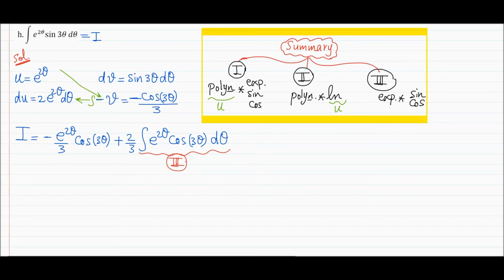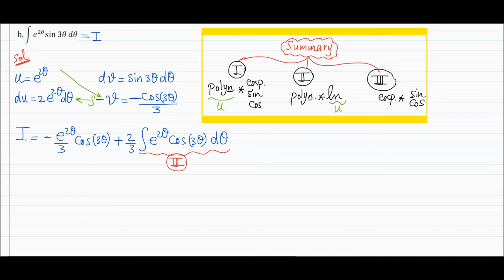But here, since you started at the beginning by selecting the exponential to be u, you have to continue the problem using the same selection. Once again, I need to stress this point: at the beginning of the problem you select u as the exponential, so you have to continue till the end of the problem using the same selection you chose at first.